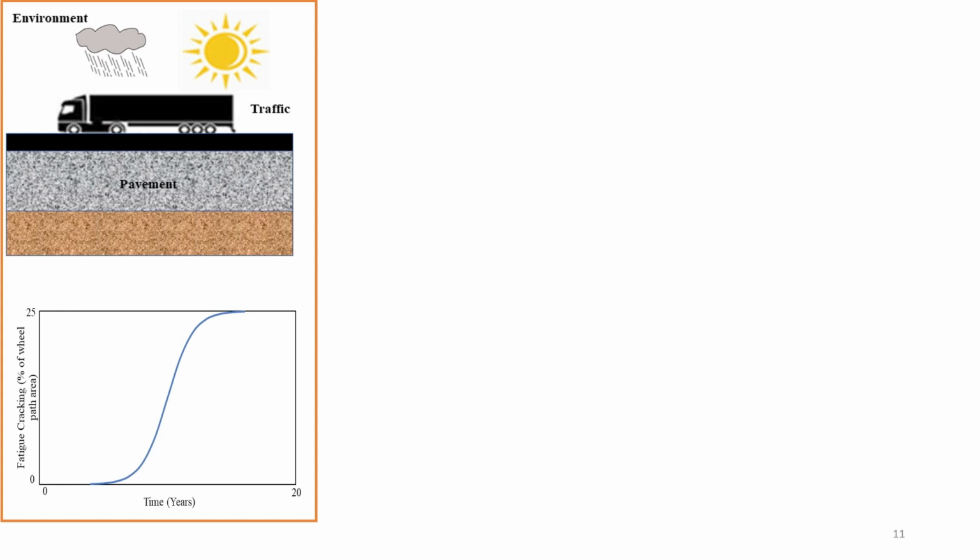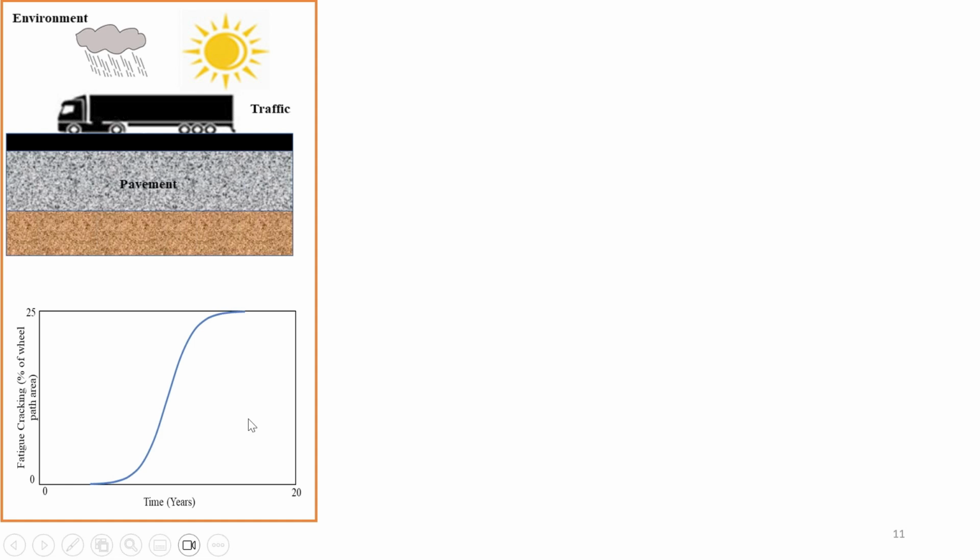And obviously, over time, you have deterioration of the pavements, and you can see on the x-axis I have time, and on the y-axis I have fatigue cracking. And the cracking percentage, if you look at the data, is pretty much like an S curve.